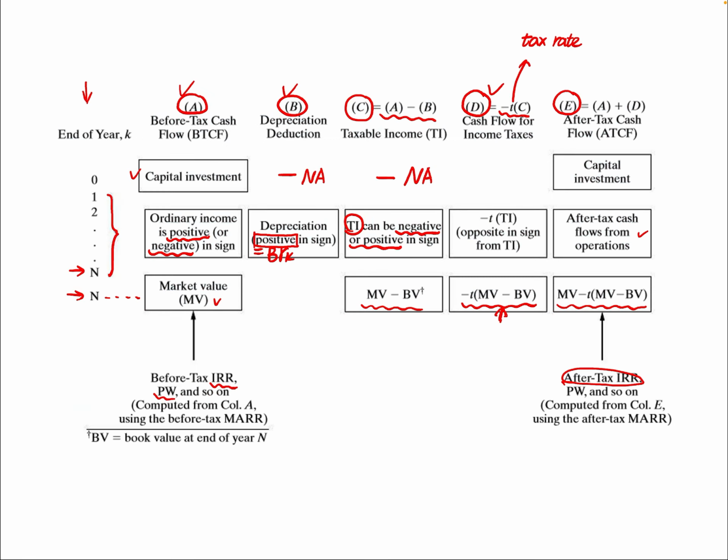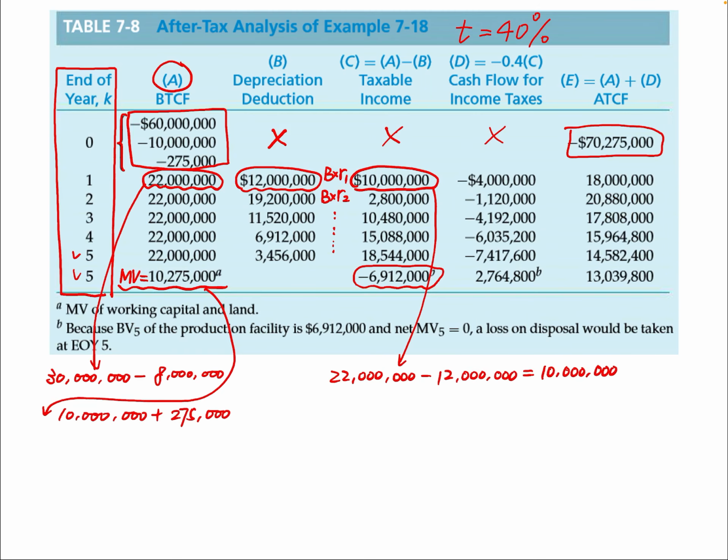The last number in column C should be MV minus BV. MV is 10 million something, and BV5 is 6 million. Because BV5 of the production facility is this number, and the net MV5 is 0.